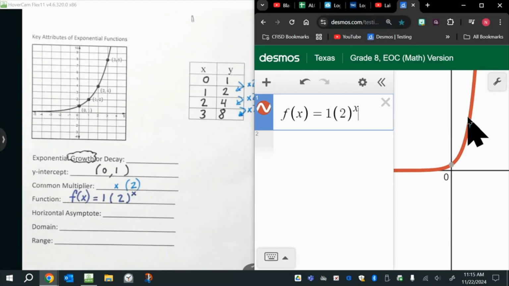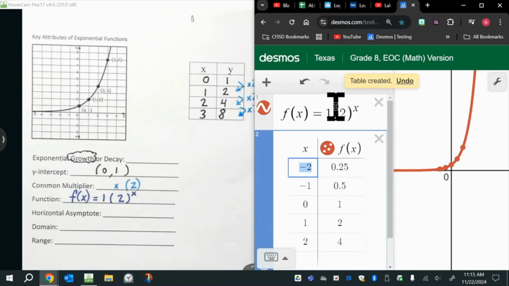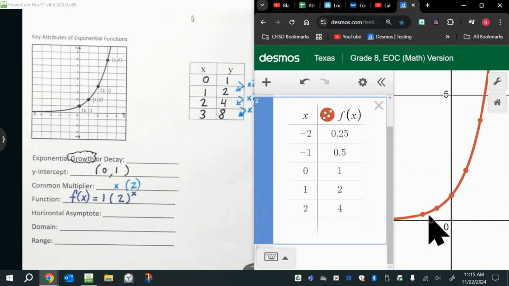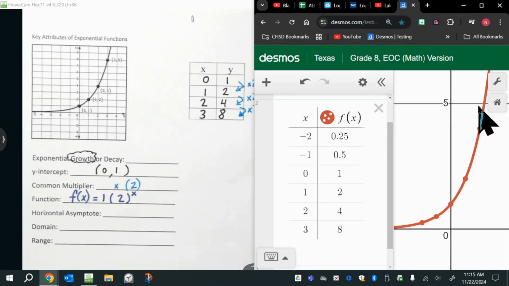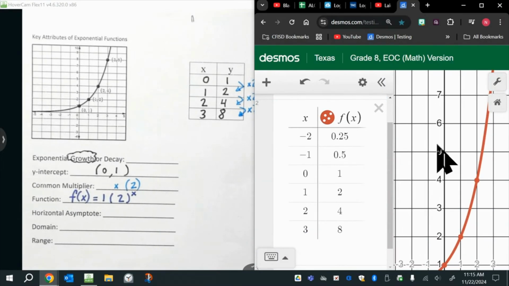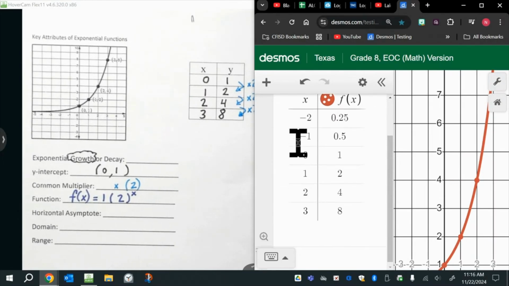Okay, and then we're going to turn this to a table, and I'm going to focus on the table. So it brings it and narrows these in. Right, my y-intercept's 1, that's sitting here. I have 1, 2, which is part of my table. I have 2, 4. If I wanted to include the next value, there's 3, 8. There it is right there. So all my values would start growing on the table.